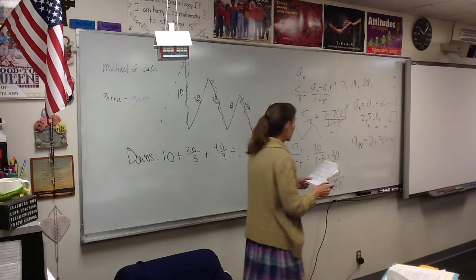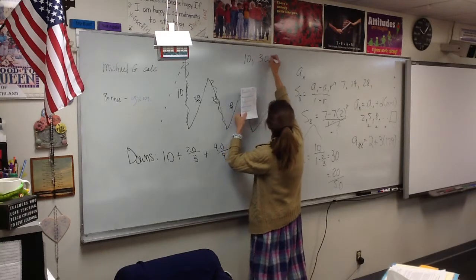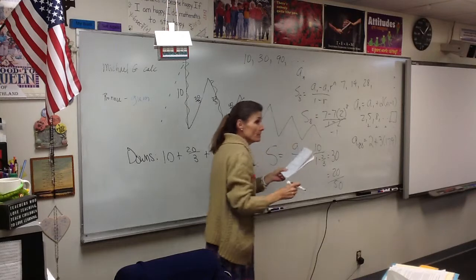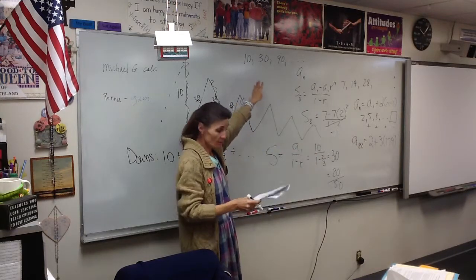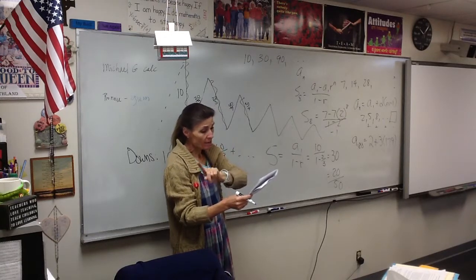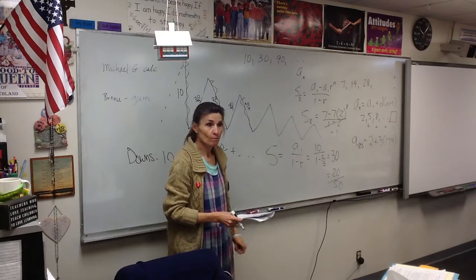Mrs. Ford assigns 10 problems on the first day, 30 on the second, 90 on the third, and so on. What have we got here? Geometric. How many will she assign on the 21st day? I'm looking for a term.